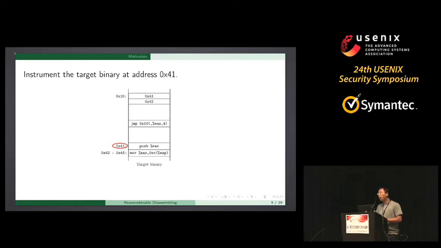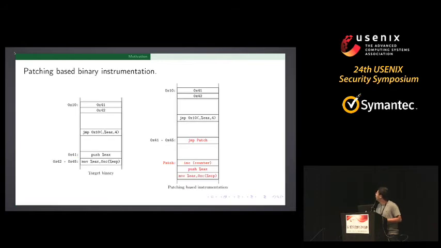Okay, so suppose in the input binary, we want to instrument at memory address hexadecimal 41. Traditional patching-based binary instrumentation has to replace the instruction at the instrumentation point with a jump instruction. The replaced instruction together with the instrumentation code will be put at the end of the input binary as a new section.